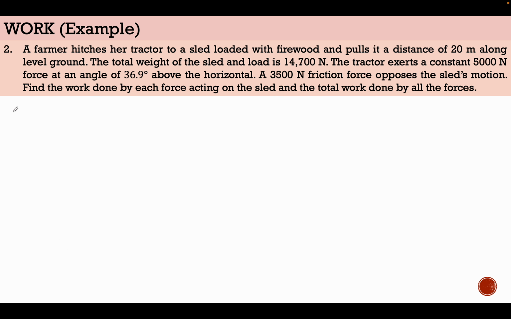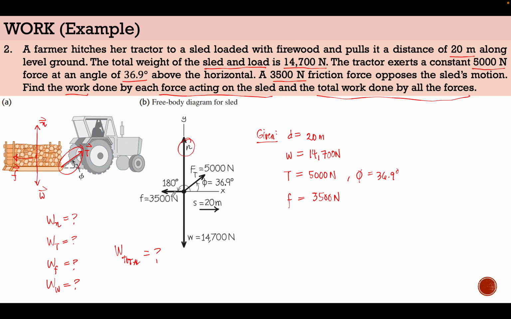Okay, so to solve for the work done by the normal force, work done is equal to force times the distance or the displacement. In this case, our force is our normal force. So we have normal force times the displacement. Notice here that the normal force is perpendicular, or 90 degrees, with regards to our surface of contact.